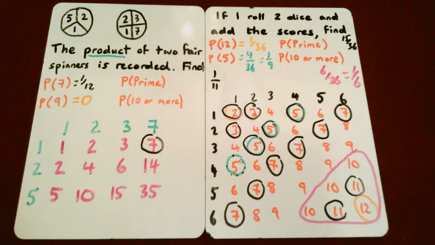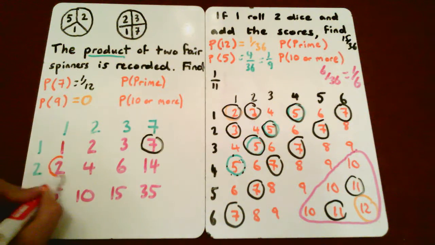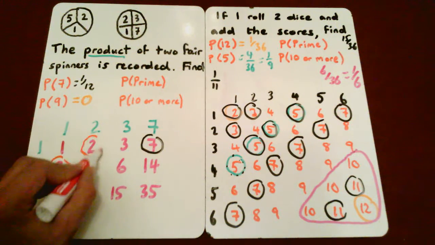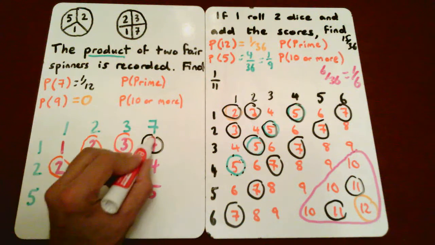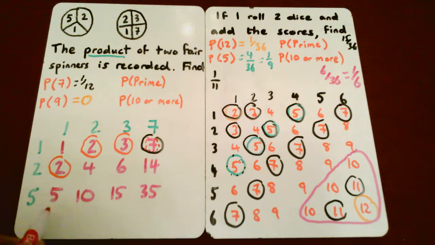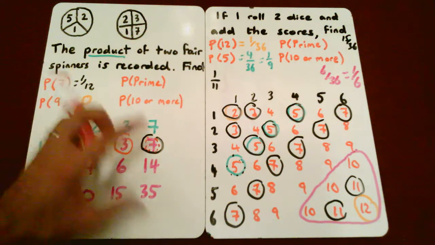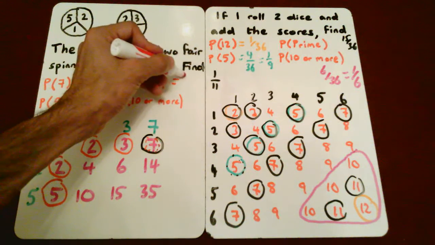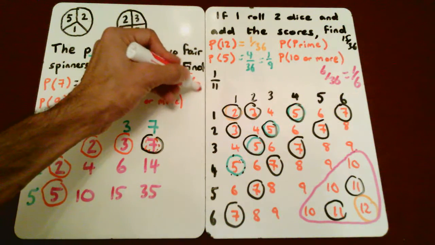We next said the probability of getting a prime number. Our prime numbers for this case are going to be 2, 3, 7, and 5. 1 is not prime. 1, 2, 3, 4, 5. So that gives me 5 out of 12.